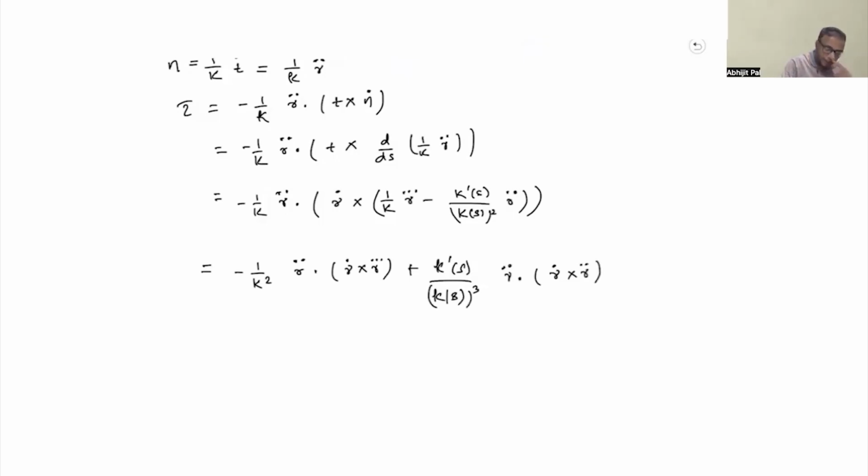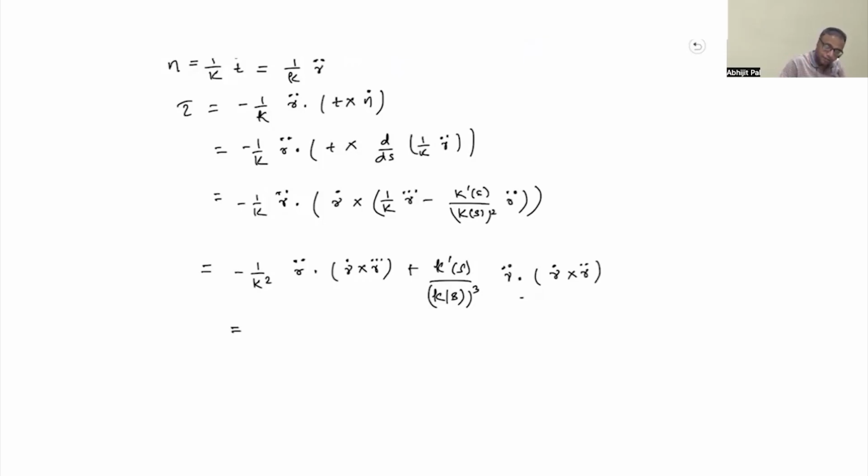Now note that this term is equal to 0. Why? Because this vector, γ dot cross product with γ double dot, is orthogonal to γ double dot. So this dot product will be equal to 0.